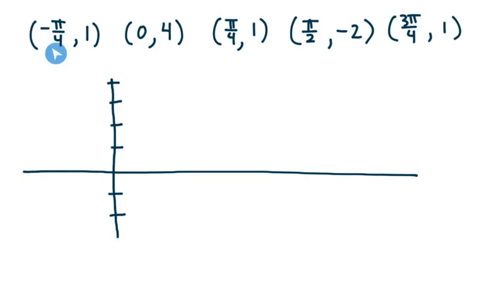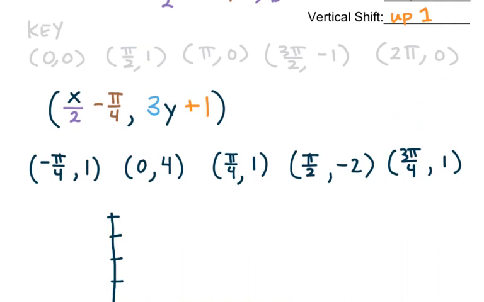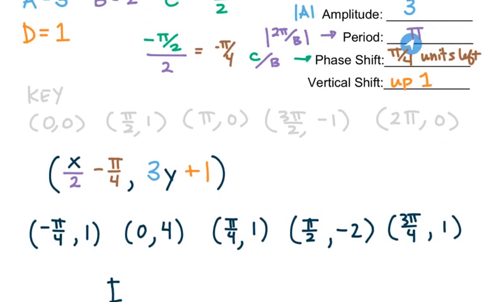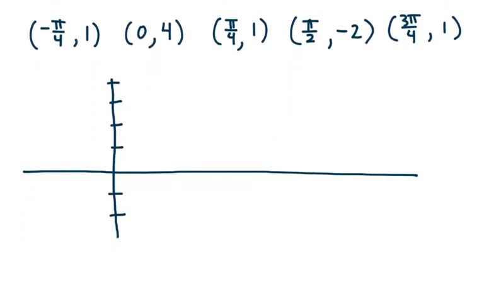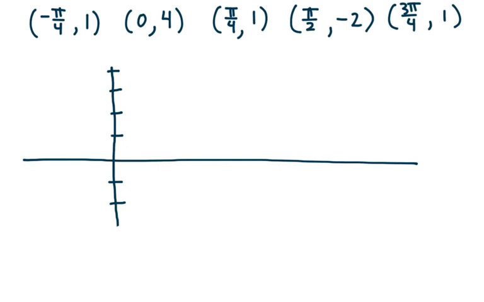All right, and so my x's, I'm going from negative pi over 4 to 3 pi over 4. I have a period, the distance between my start and finish is pi. That should make sense. That's my period I have up here. So I'm going to count by pi over 4s. I see a lot of those.